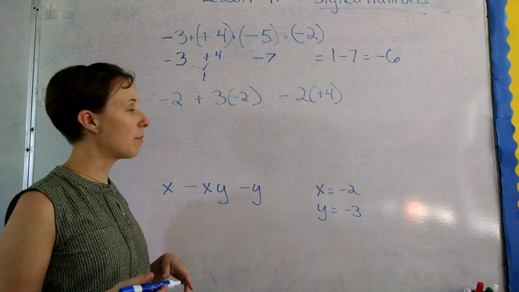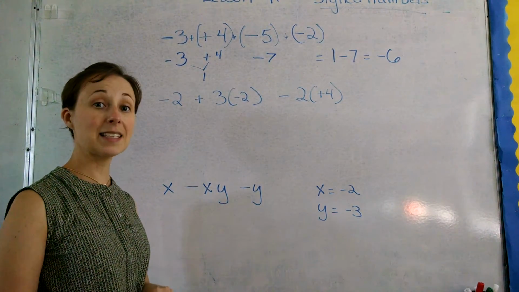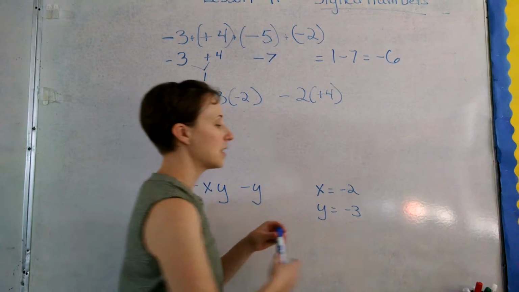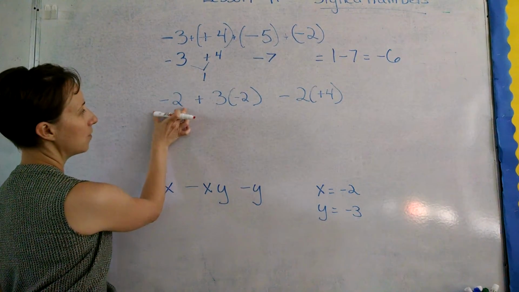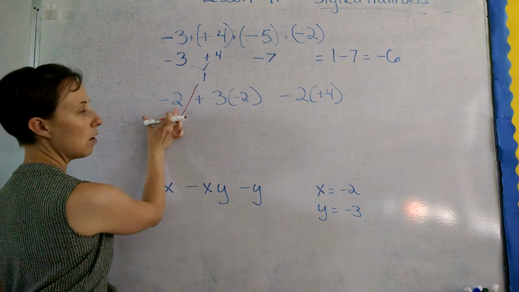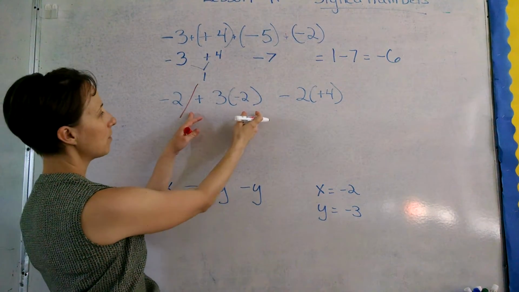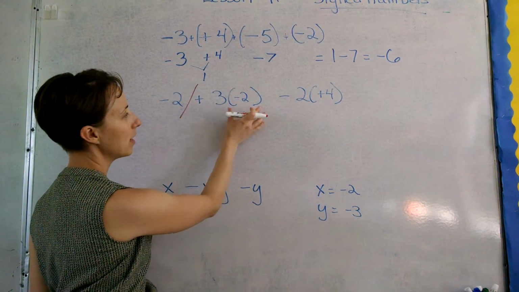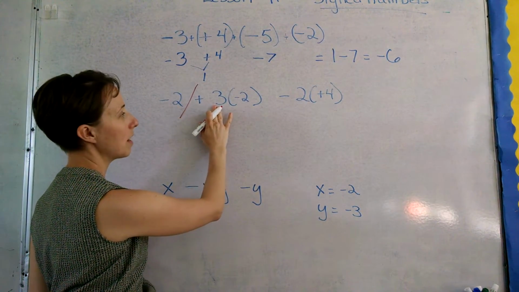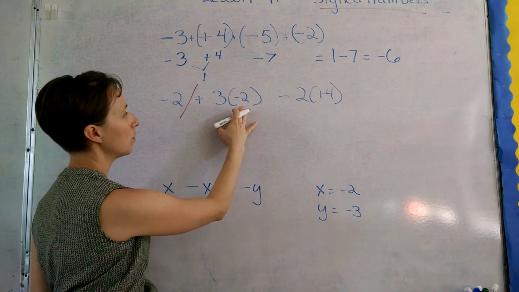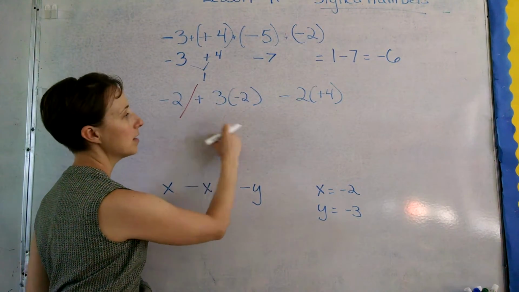When I look at this problem, one of the first things that I do in my head is I break it up into pieces to help me think where the signs go. I think of -2 as sort of standing off by itself. And then I'm left with this, plus 3 times -2. So I'm going to treat that as a positive 3 times a -2. And I'm going to add these together in the end.